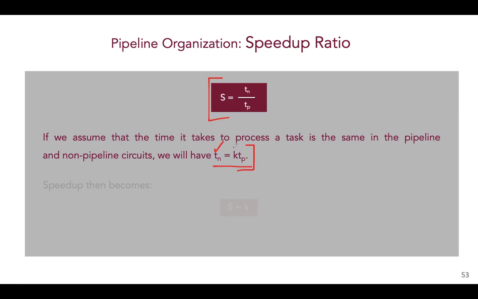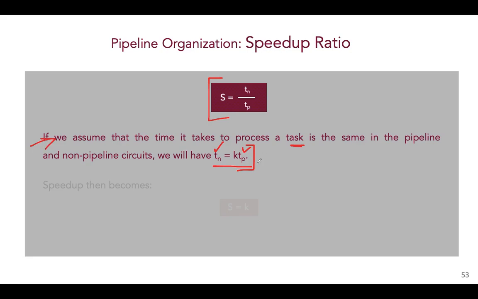Why k? Because the pipeline has k segments, right? So every time that task moves through each of the segments, it will take more time and more time and more time. So Tp is the time the task takes for one segment. So k Tp will be the time the task takes for all the segments combined, and these two values will be equal because this is what we're assuming.